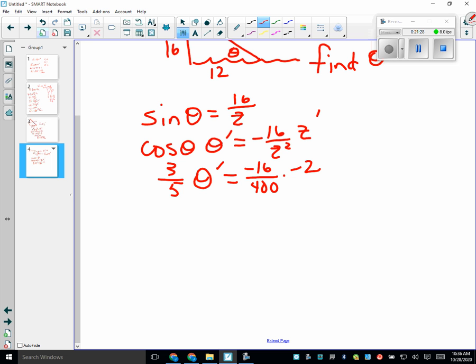Okay. Can you find theta prime? Maybe. Sure. Is that right? Theta prime? I didn't get that.